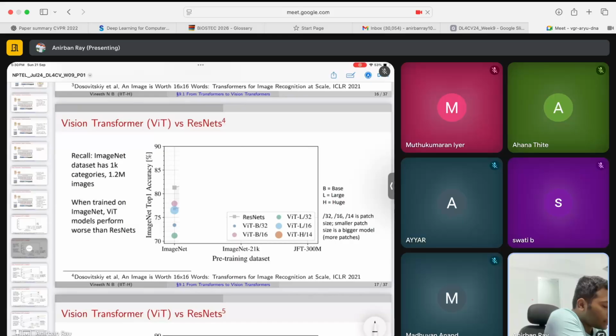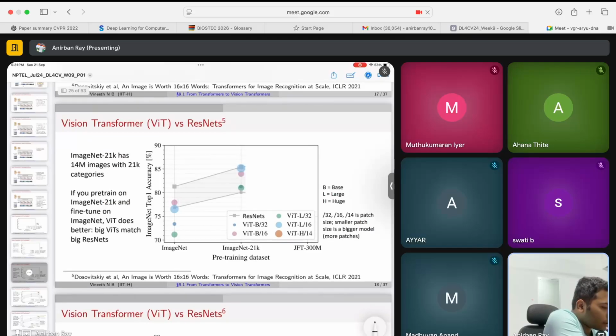These are ImageNet 21K, JFT 300 million. And then we calculate the accuracy here. So you can see in ImageNet, the ResNet has the highest accuracy, the ViT a lower value.